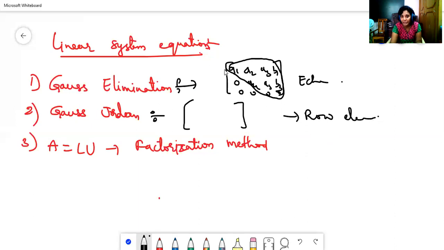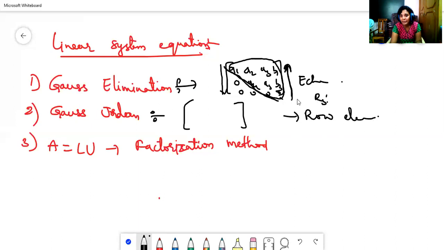But after reduction to the echelon form, again we follow the reverse. First we go upward to downward, then downward to upward. In the Gauss-Jordan, we use R3.